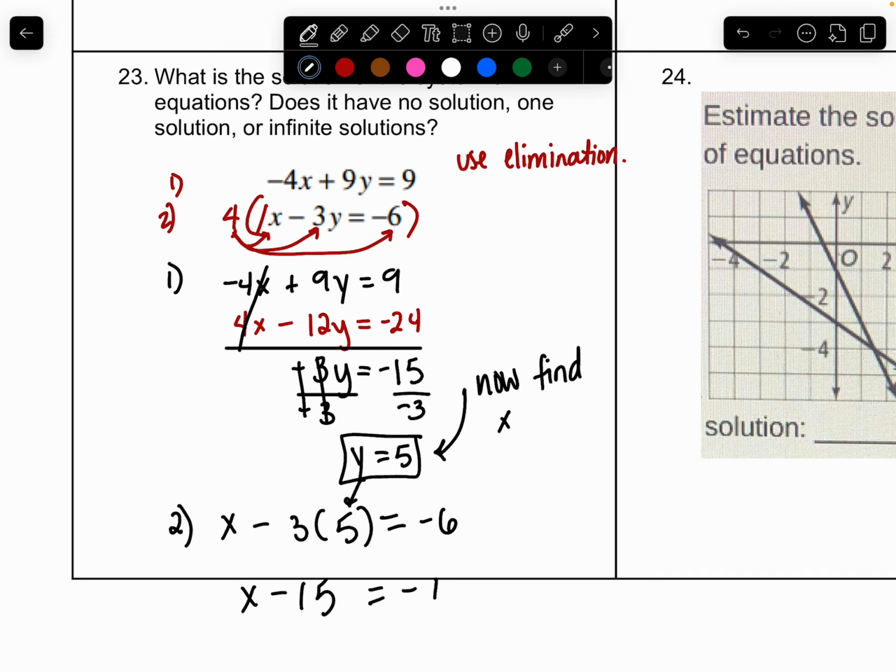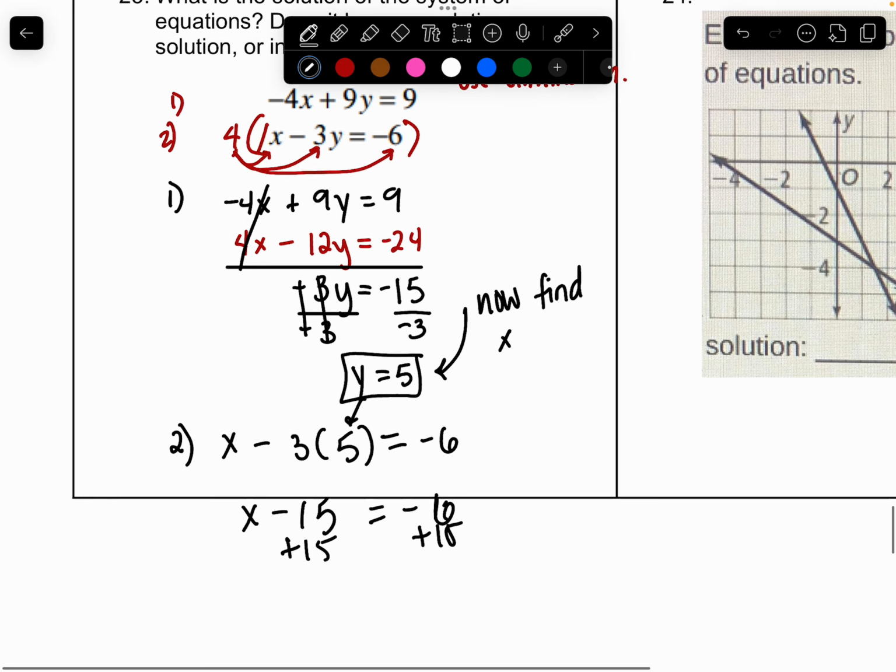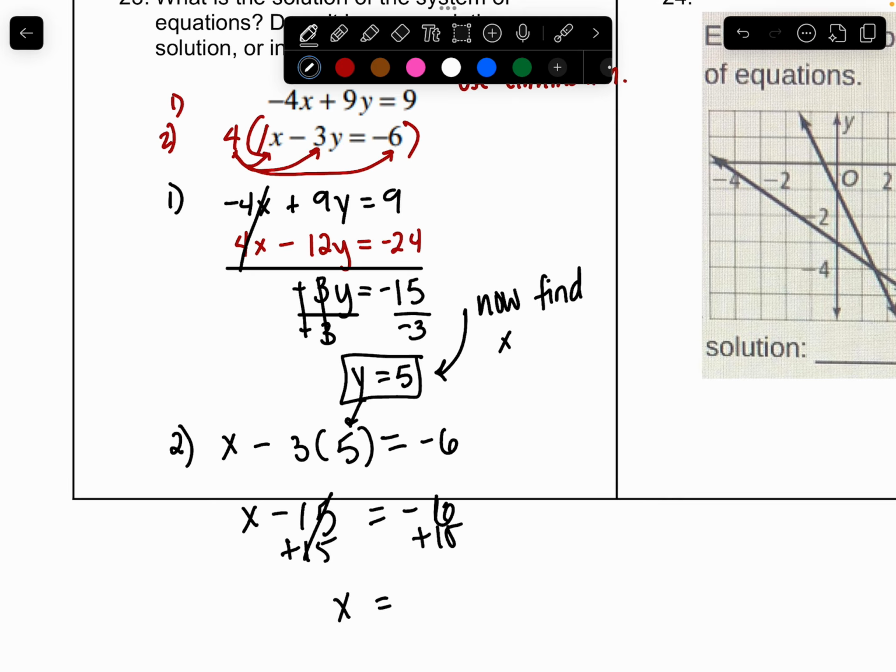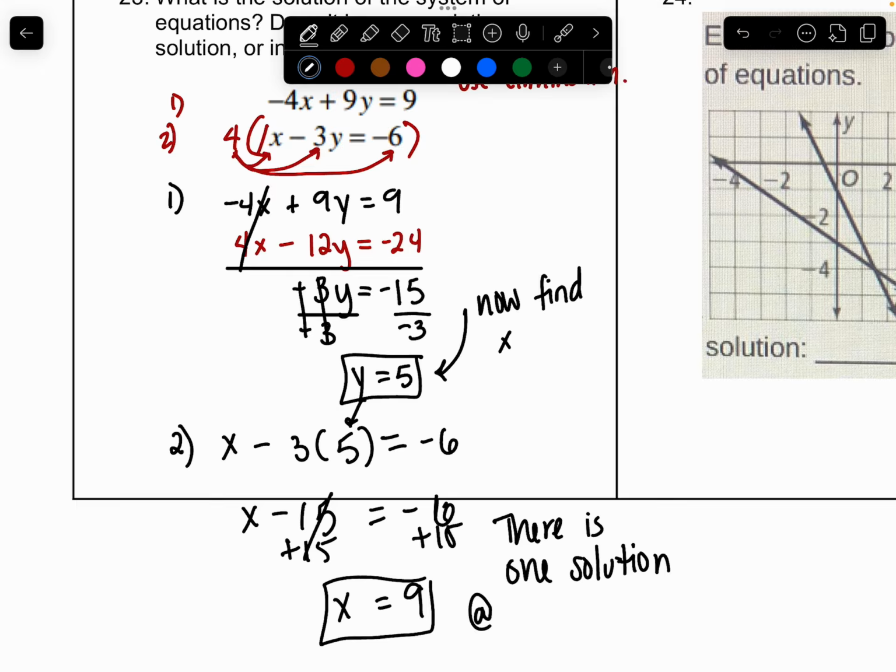X minus 15 equals negative 6. Plus 15 plus 15, x equals 9. So my solution, there is one solution at 9, 5.